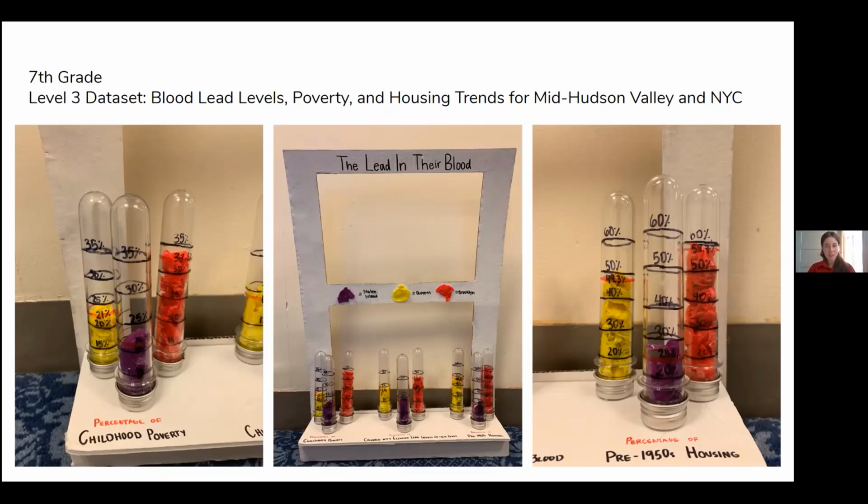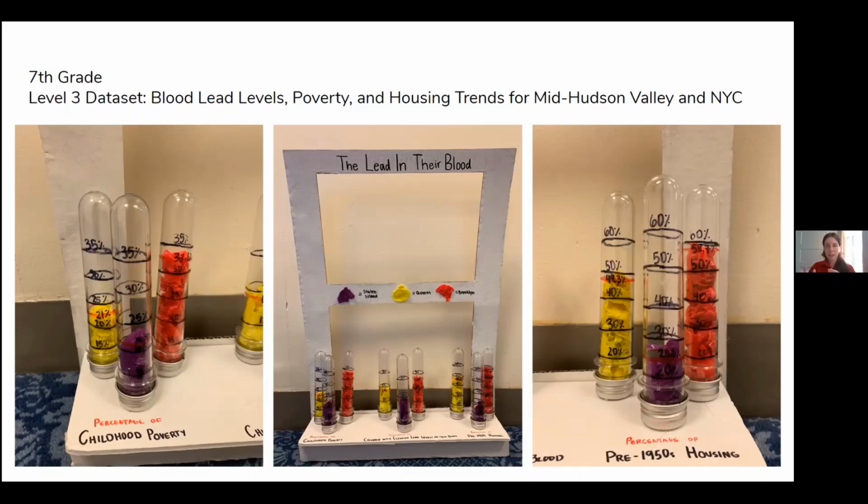So some students choose to very explicitly illustrate their graph, either with literal illustrations embellishing their graph, or by building a 3D version of their graph that has some artistic element in it to more fully immerse you in the data story and in the context of the data. So this is a project that was using our lead poisoning data.